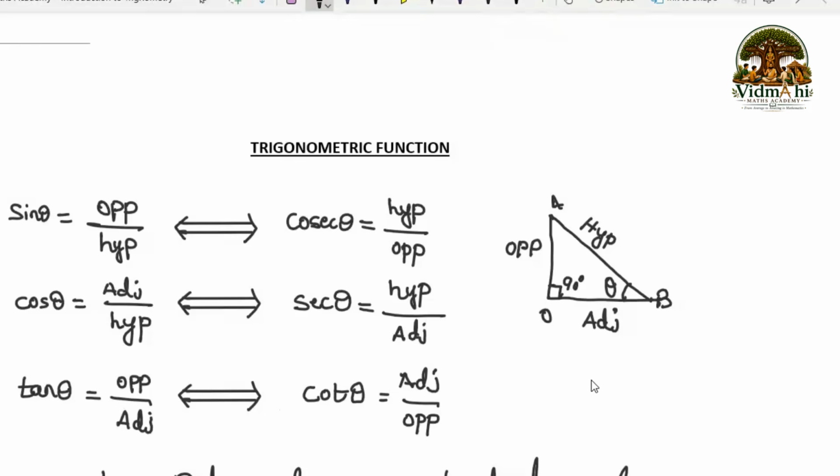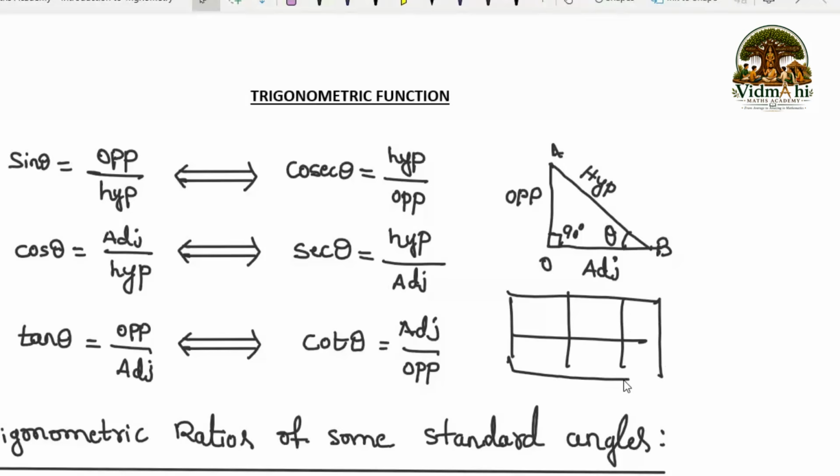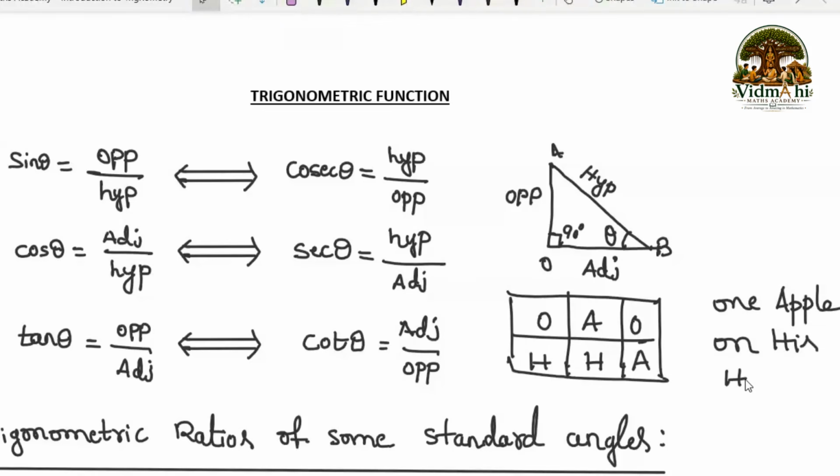There is a simple trick to remember this, that is OAO HHA, OAO HHA. One apple on his head, always. OAOHHA.